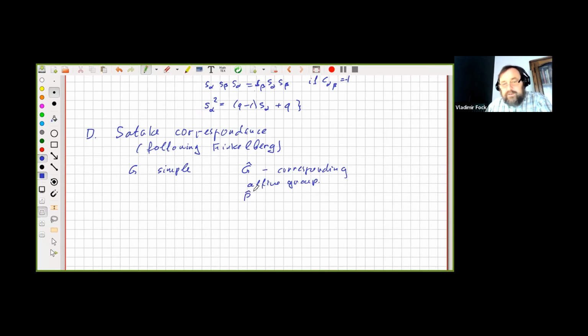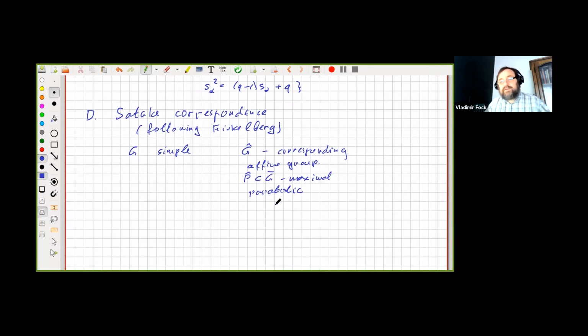P hat, I will denote in G hat, is the maximal parabolic. Well, maybe it can be made more precise.